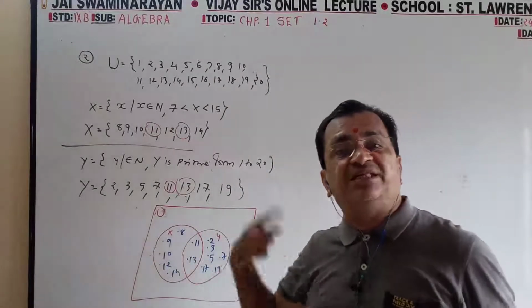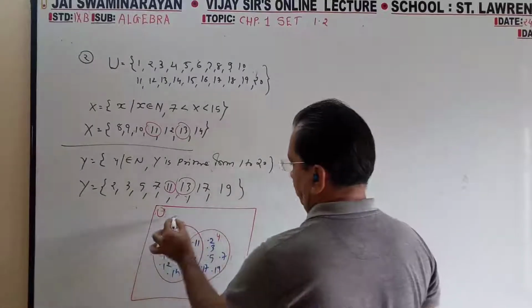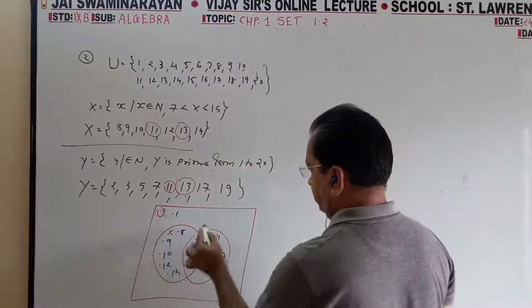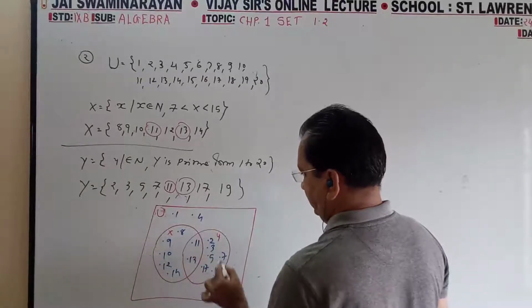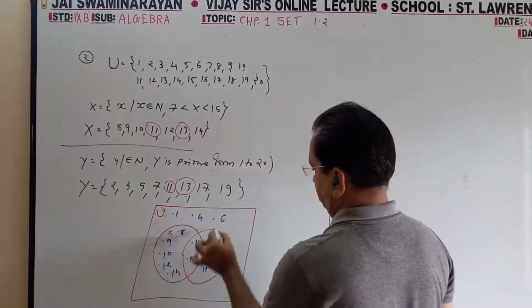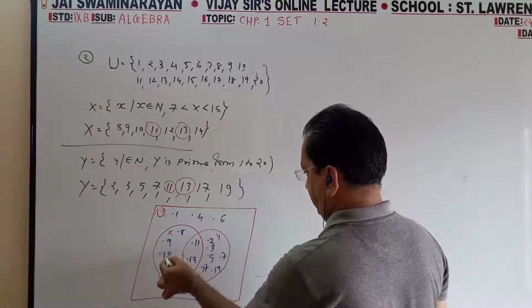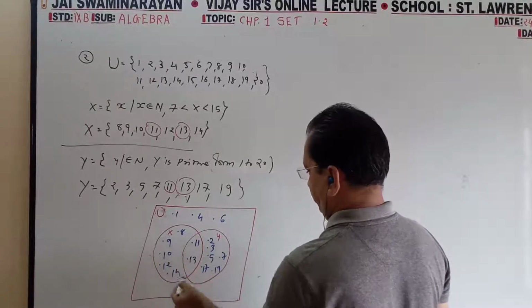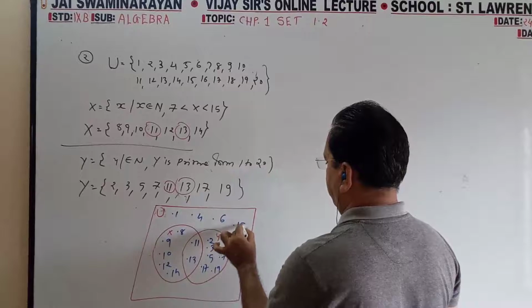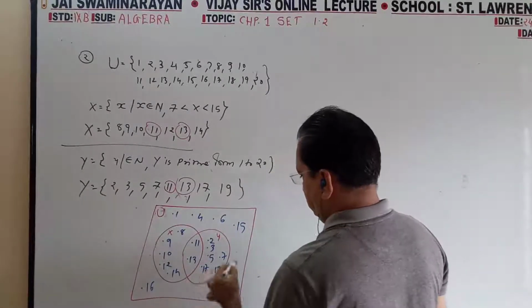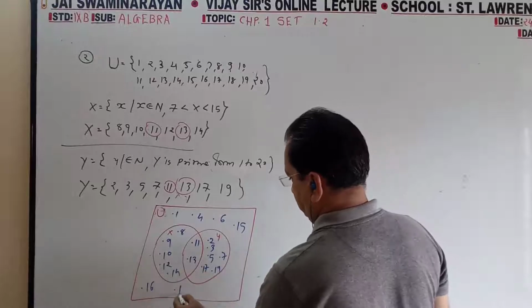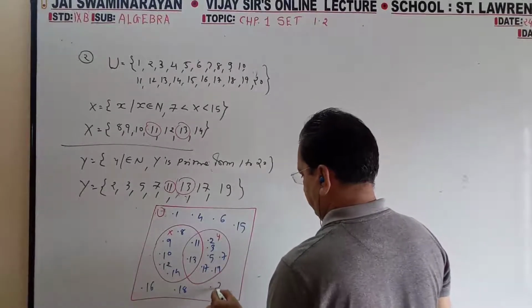Now which remain, that is in the outside. 1 is not there, so 1. 2 is there; 3; 4, 5 is there; 6 is not there; 7, 8, 9, 10, 11, 12, 13, 14; 15 is not there; 16 is not there; 17; 18 is not there; 19.